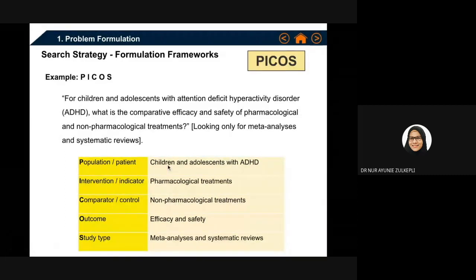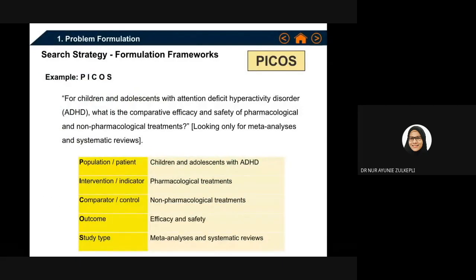The population is children and adolescents with ADHD. The intervention is pharmacological treatment. The comparator is non-pharmacological treatment or no treatment, and the outcome, of course, when talking about pharmacological treatment, is efficacy and safety. And the study type is meta-analysis and systematic review. So this is how you apply PICOS to your framework, okay?